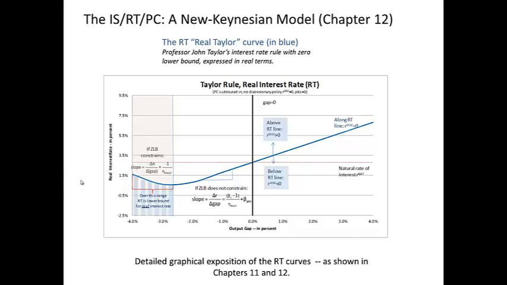It simply can't get any lower. This means that if the output gap falls, inflation falls, and the real interest rate rises. Therefore, over this segment, the RT curve is negatively sloped. More generally, when the zero lower bound does not constrain, the RT curve slopes upwards.